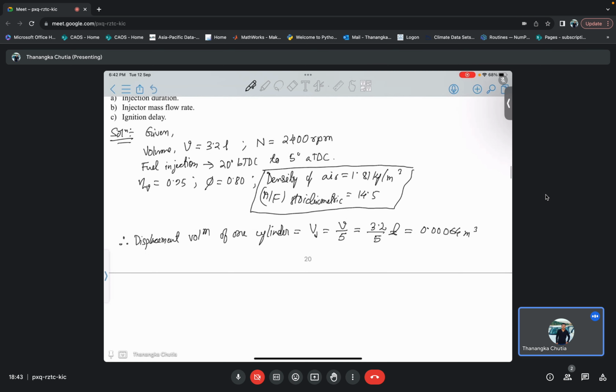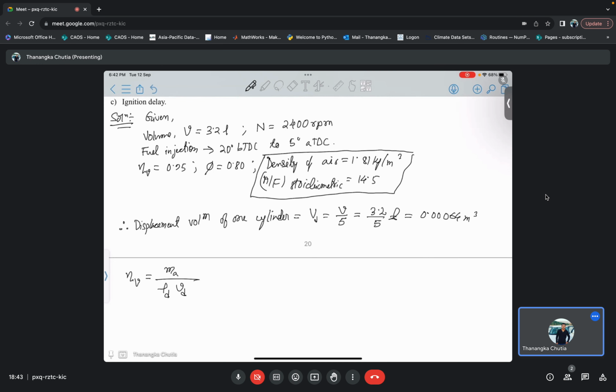Now what is volumetric efficiency? Eta volumetric efficiency will be basically equal to mass of the air divided by density of the air into Vd. Okay, so volumetric efficiency we know 0.95. Okay, mass of the air we need to calculate. Density of air is 1.81 and Vd is 0.00064.